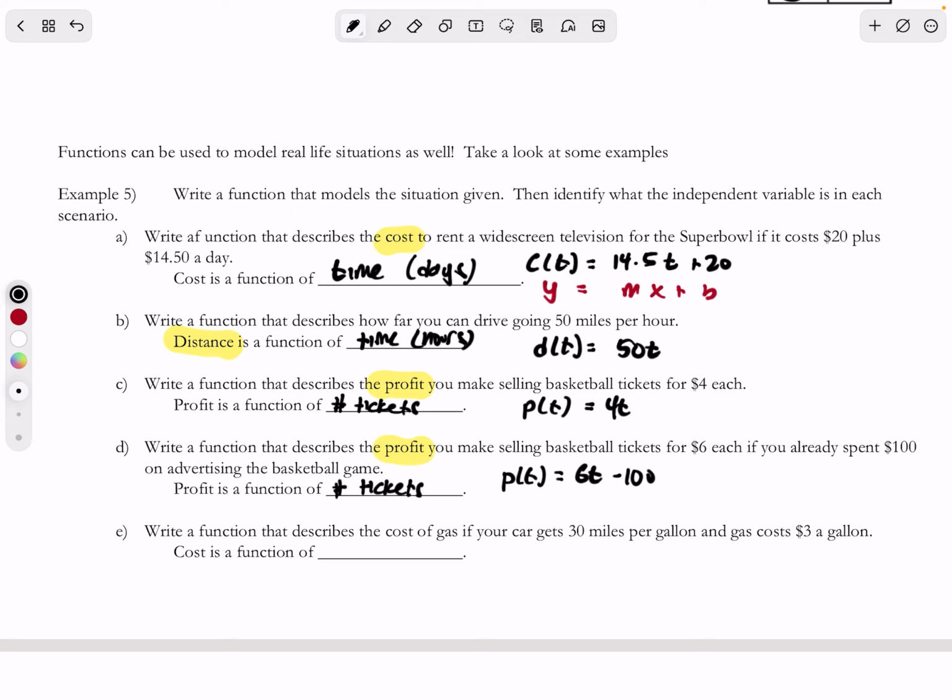And finally, write a function that describes the cost of gas if your car gets 30 miles to the gallon and gas costs $3 a gallon. All right, so let's see. Cost is a function of distance, right? However far you drive is going to tell you how much you're spending.